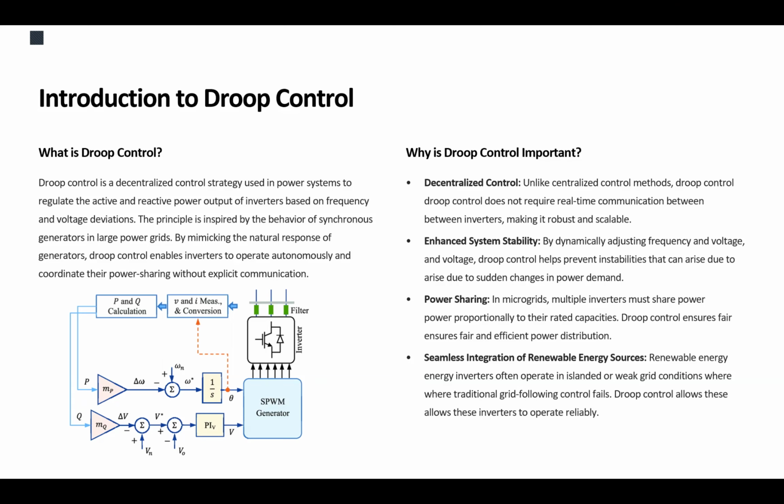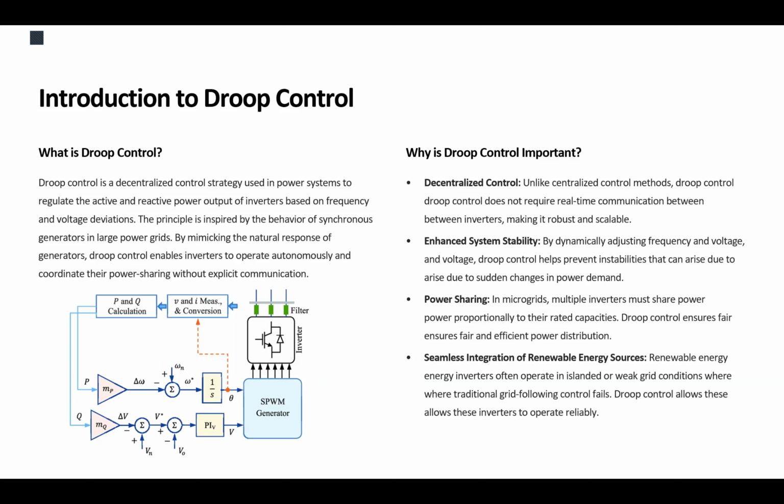The first thing we have to note is that droop controls are decentralized controls. When we say decentralized control, it basically means they don't rely on the grid. Grid following always follows the grid.